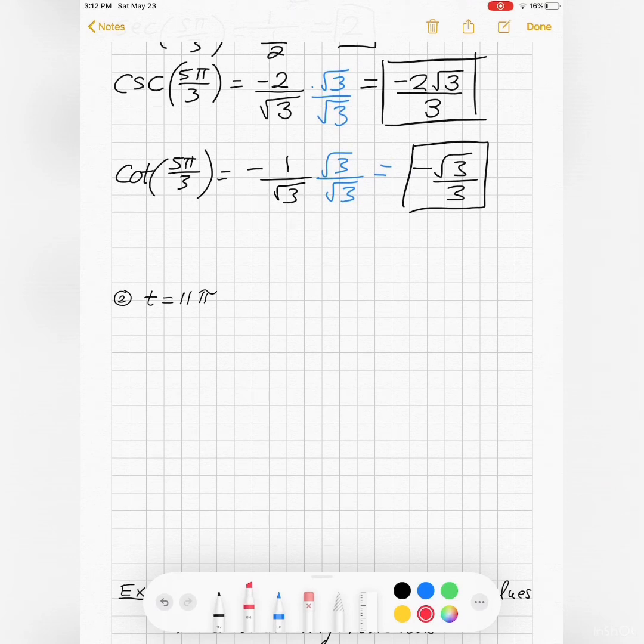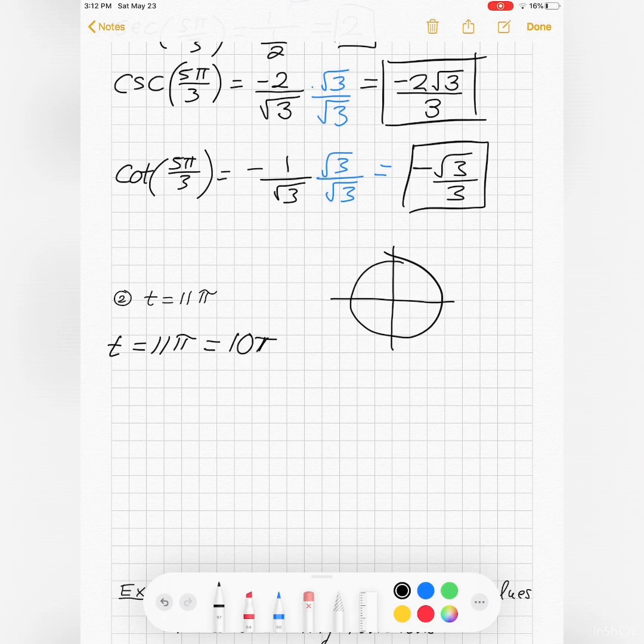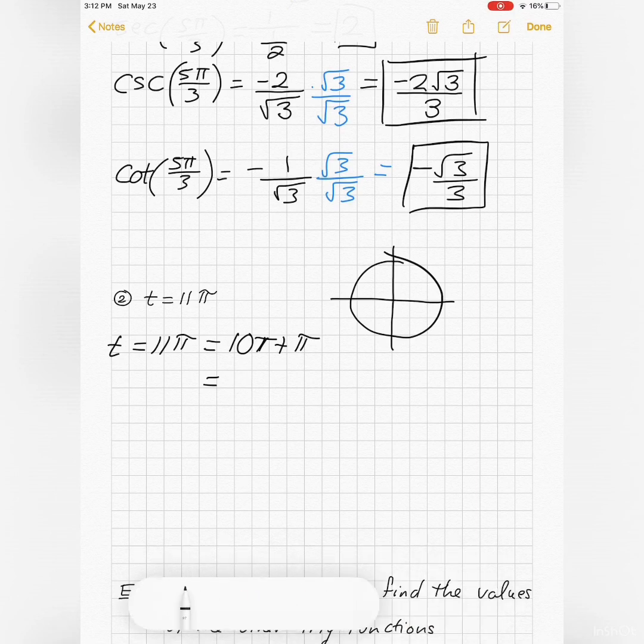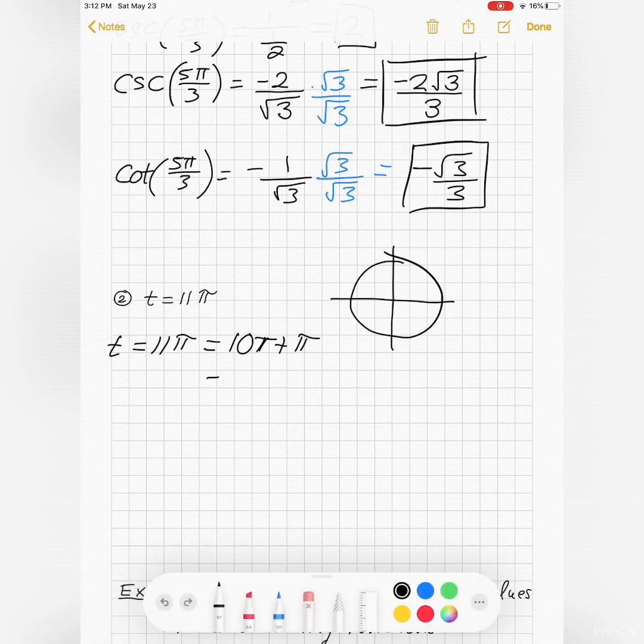Let's try another one. t equals 11 pi. First, I need to locate that terminal point. That's 10 pi plus 1 pi. Here's what I'm getting at. 10 pi plus pi.